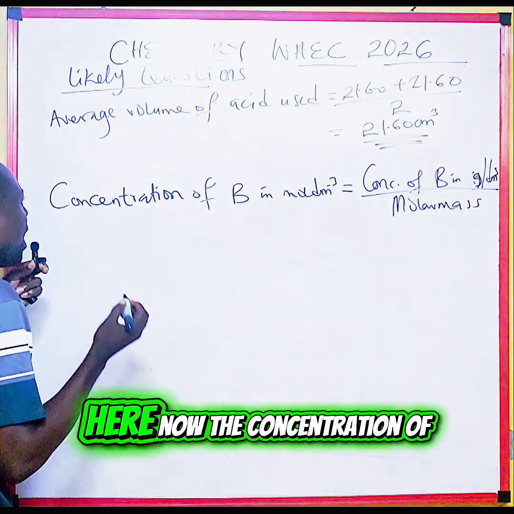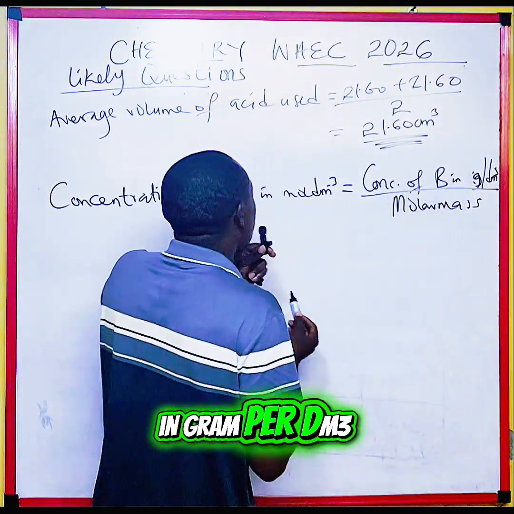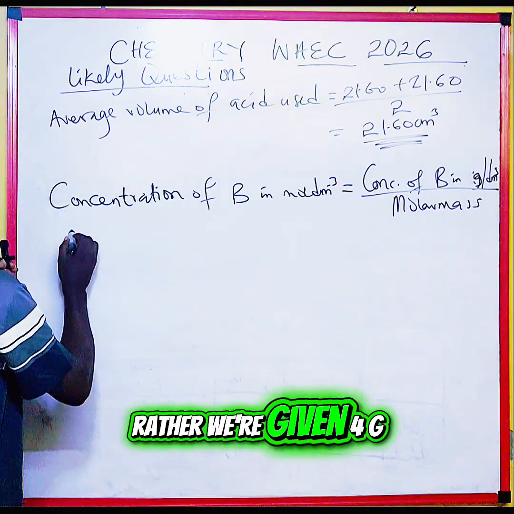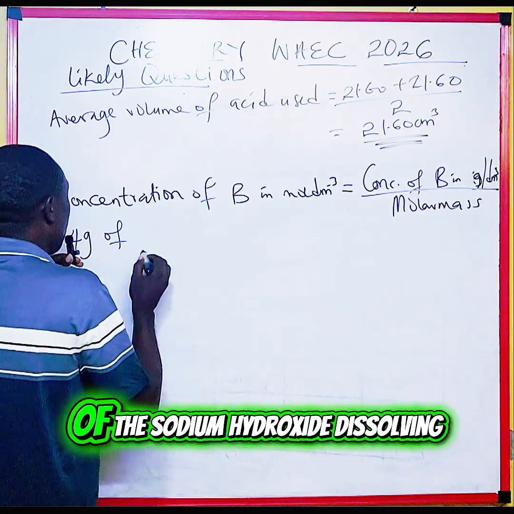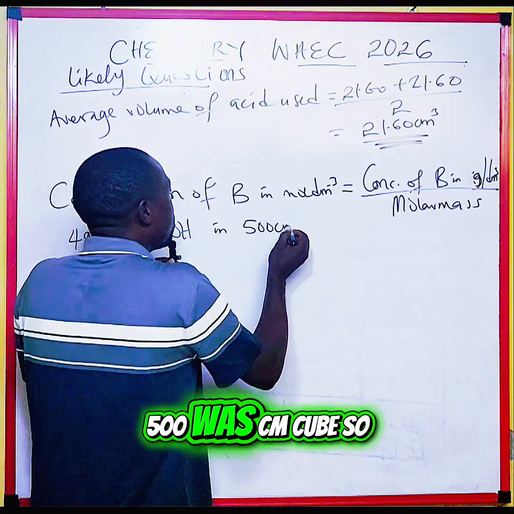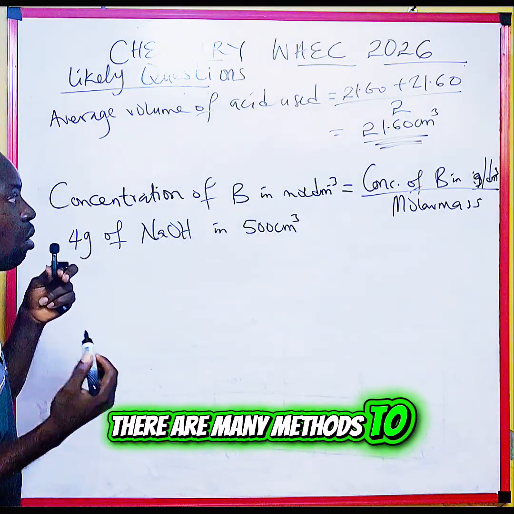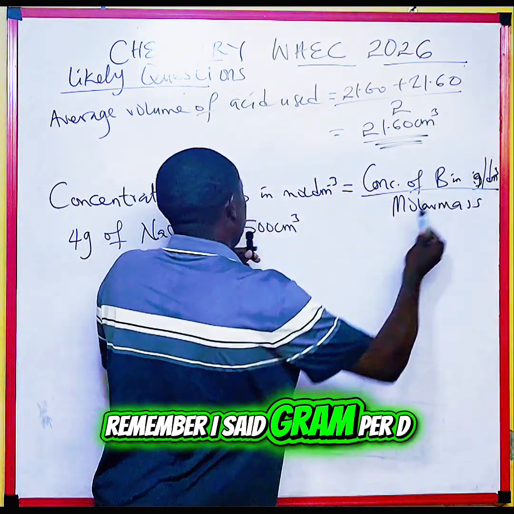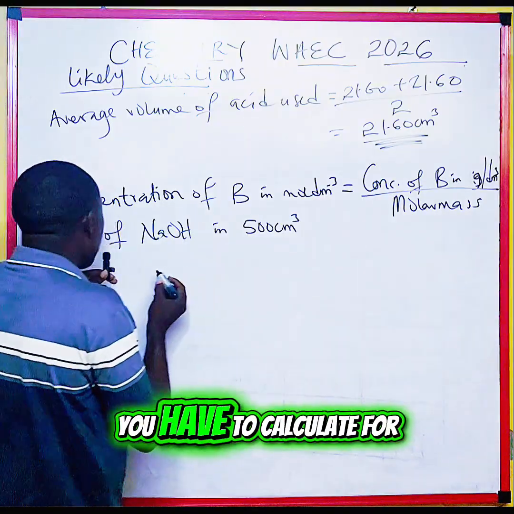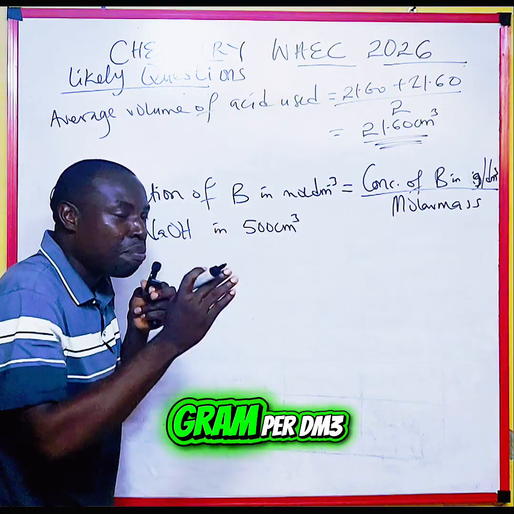Now what do we do here? The concentration of B in gram per dm cube was not given to us directly, rather we are given 4 grams of sodium hydroxide dissolved in 500 cm cube. There are many methods to solve it. Remember, I said gram per dm cube, so you have to calculate your concentration of B in gram per dm cube.